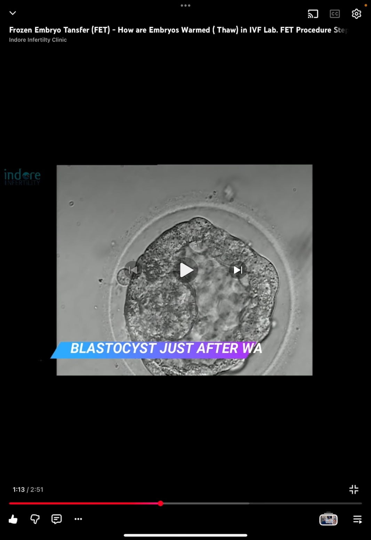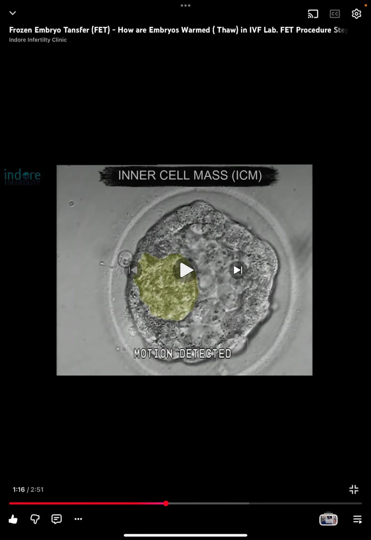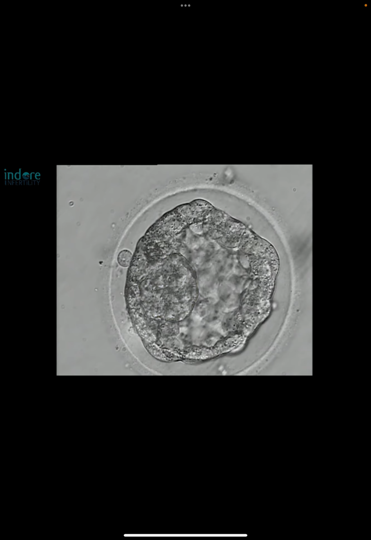So that catheter is a transfer pipette. This is helpful to transfer the embryos into culture media, in which the blastocyst grows. After growing and warming at a good temperature, the inner cell mass is being formed, and we can see motion detected in the blastocyst.